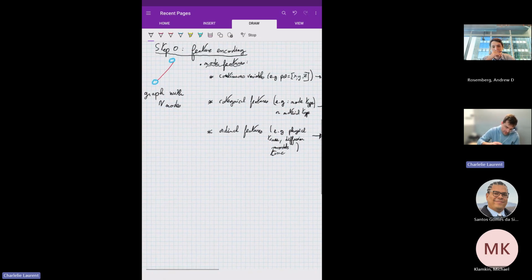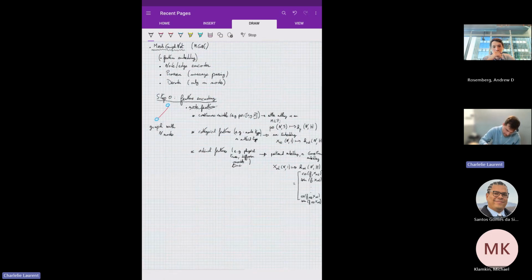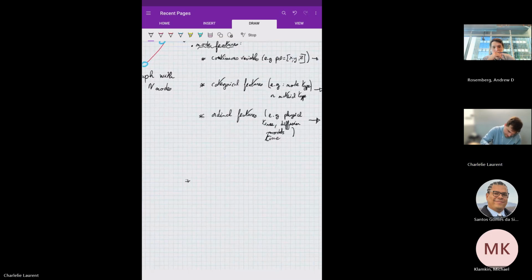Then the next question is how to combine the features. The easiest one is you concatenate them.